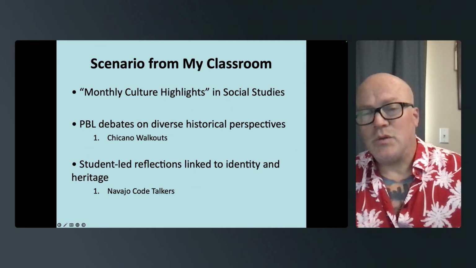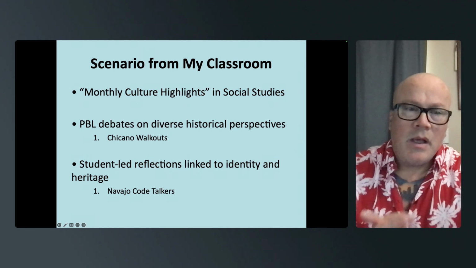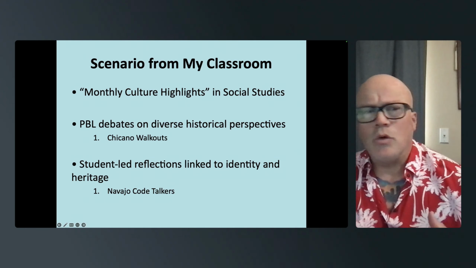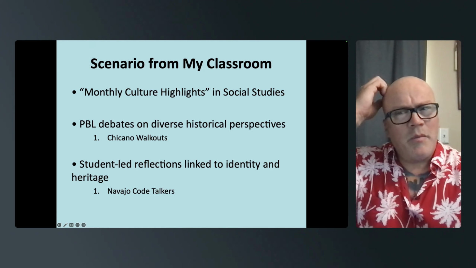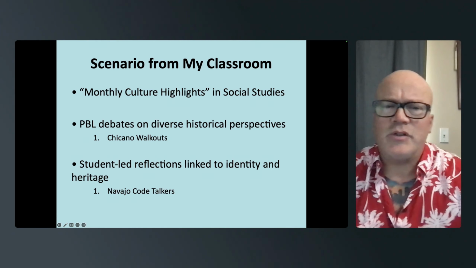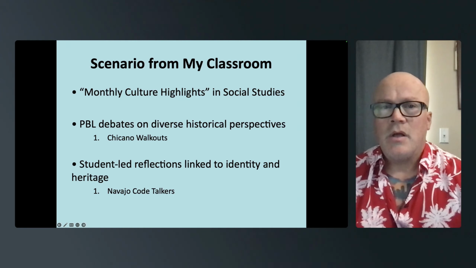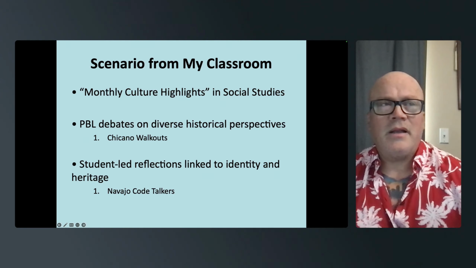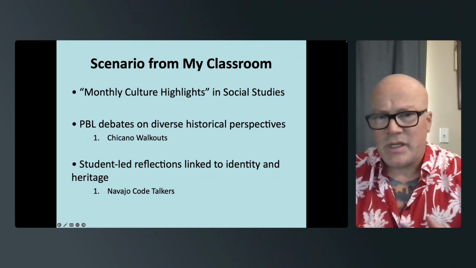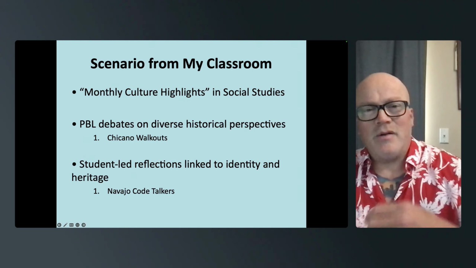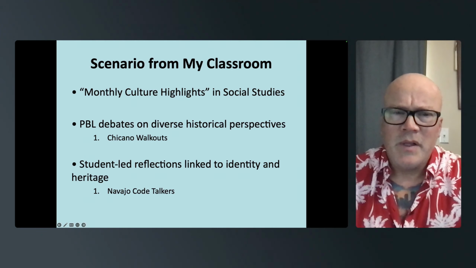So at Thunderbridge High School, my classroom is mostly white, but cultural competence is still crucial. I've implemented things in a couple scenarios for my classroom, like monthly culture highlights where we had discussions based off of the content, and I had a variety of students give their perspective, so that the whole class can see where they're coming from.